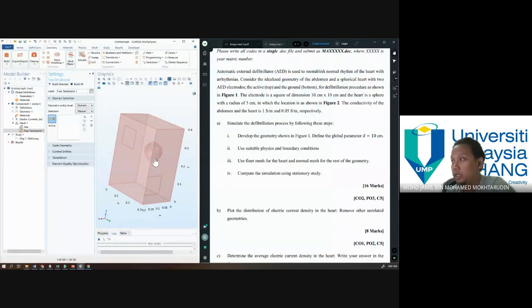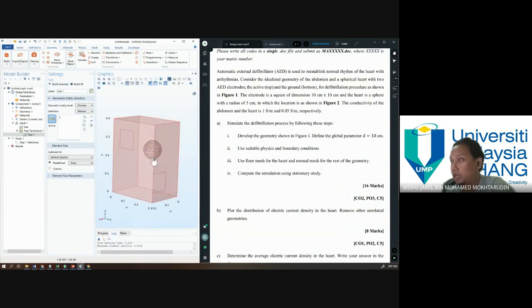Okay, so again, scroll your mouse. So we only mesh the heart, and then right click the free tetrahedral, choose size, and then in the element size here, you change to finer and try build. So the heart is meshed in this way. Then try build all. Oh, tak boleh.